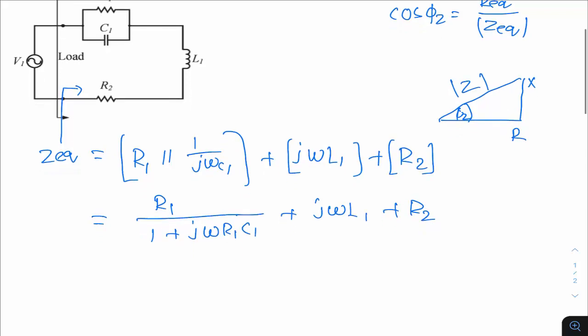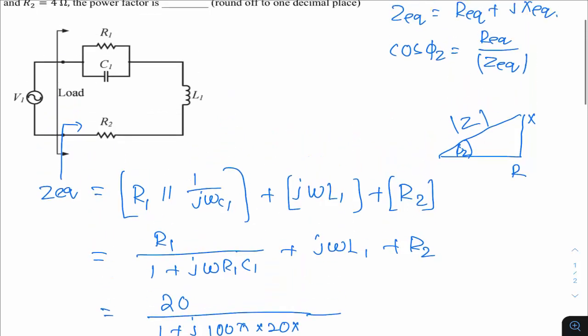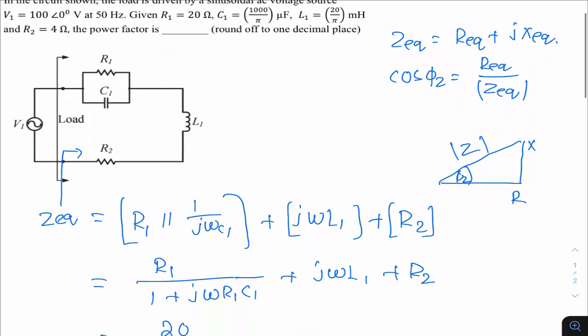So now let us substitute the corresponding values of the components. R1 is given 20, so this is 20 divided by 1 plus j omega R1 C1. Omega is 2 pi f, f is 50 Hz, so this is 100 pi, and R1 is again 20, and C1 is 1000 by pi microfarad.